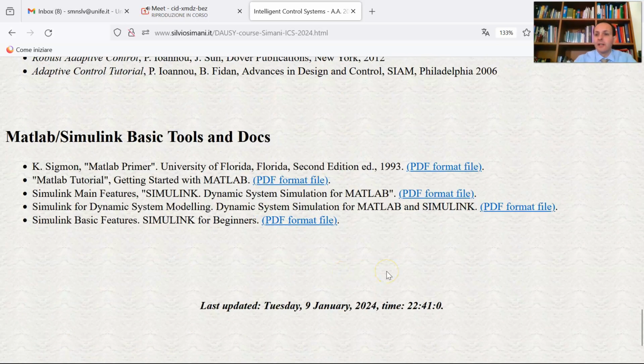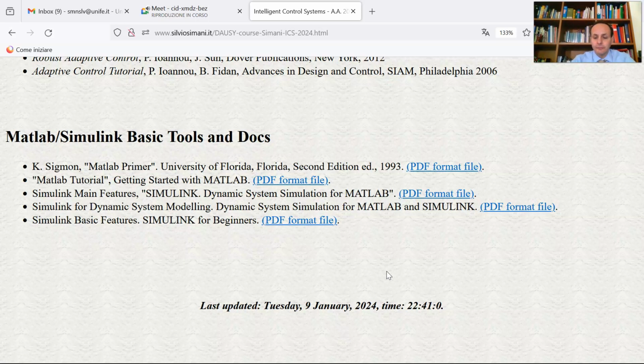I also reported here some basic tools and docs, because I think that most of you are familiar with MATLAB and Simulink, because they represent the most important tools for the design of any system, any simulation, any identification or control for this course.